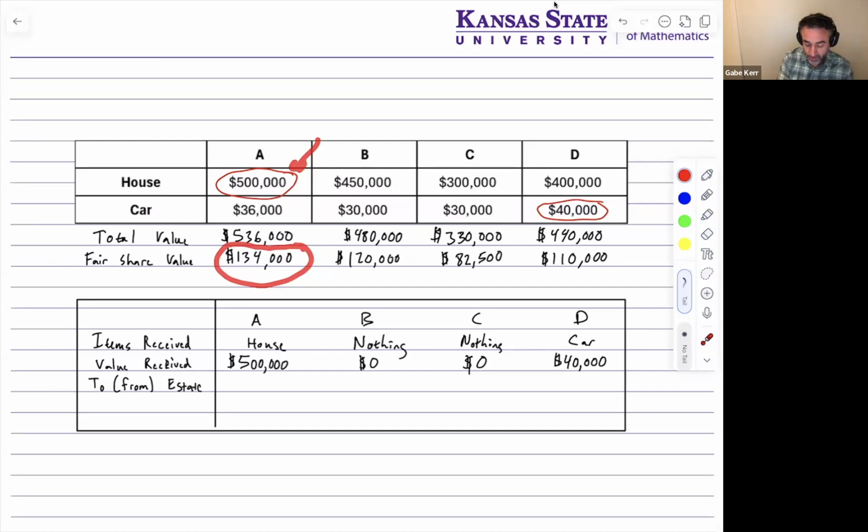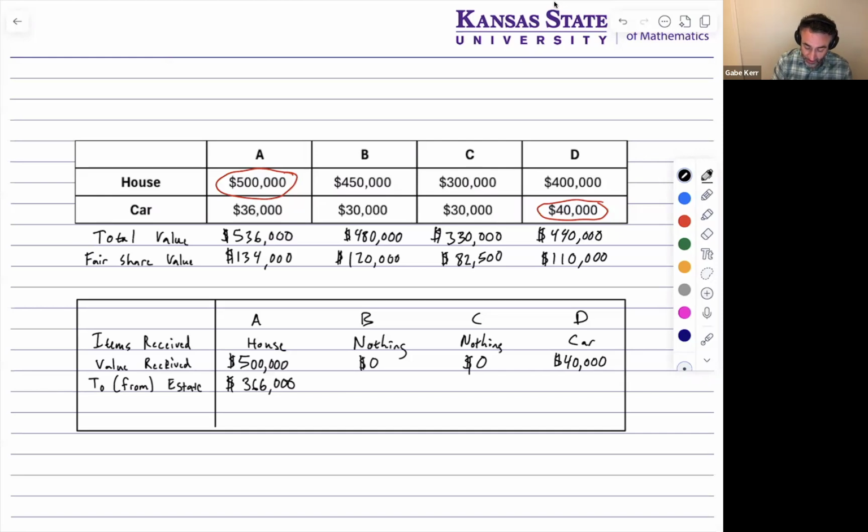Well, the remaining amount is we'll take 500,000 and subtract the fair share value of 134,000, and we get the value of $366,000. So that's how much A owes the estate, or will have to pay the estate in the initial settlement. We'll see this gets adjusted in a moment.